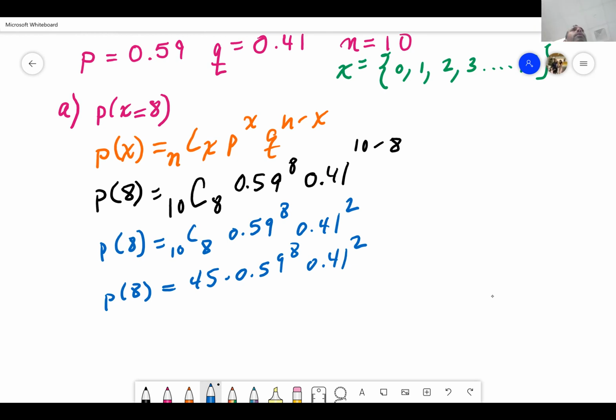You put it once. First, put the 10. When you press second, you're not pressing 8. You're pressing the little thing in yellow or orange on top of the button. It happens to be, in this case, 8. So you put 10. Then you press prob. Then you press NCR. That takes care of the C. And then you put 8.